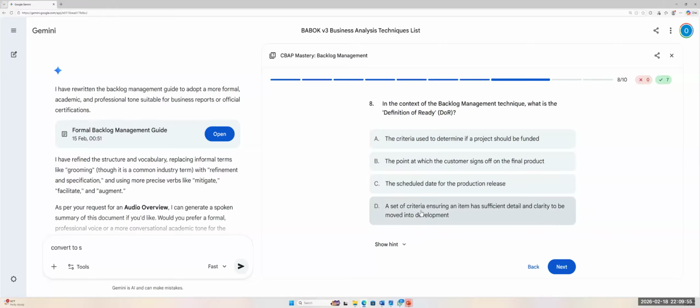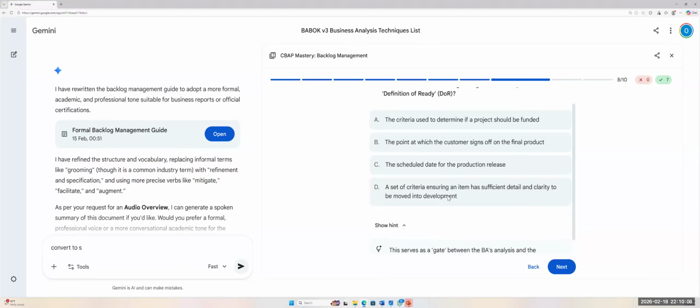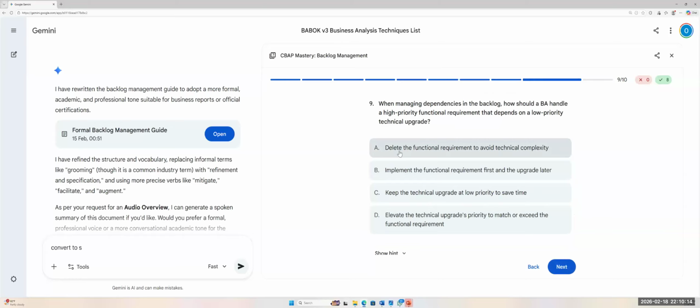Yeah, this one is a walk in the park, right? Remember I said it's like a gate, we call it the input gate. So the opposite of DOR is DOD. We have very smart people here.